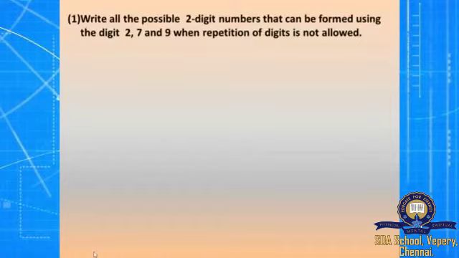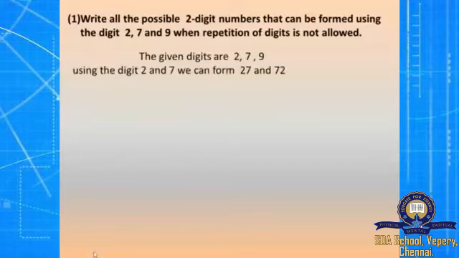So we have to find all the possible two-digit numbers that can be formed using the digits 2, 7 and 9, and we should not repeat the digits. That means we should not repeat like 22, 77, like that. The given digits are 2, 7, 9. Using the digits 2 and 7, we can form 27 and by reversing it, we can form 72.